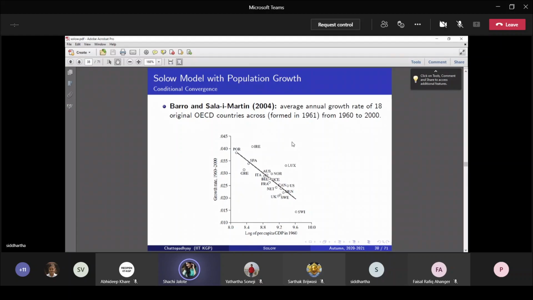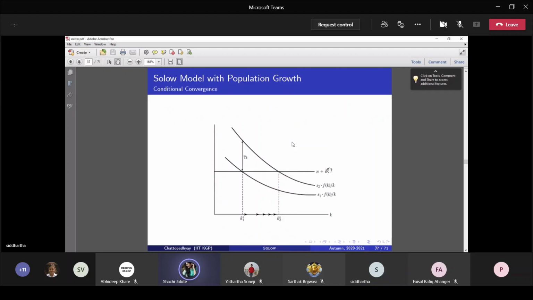Sir, I had a little confusion. What confusion do you have? Sir, it clearly shows the poorest country, which is Portugal, among this set of countries. This graph, not this one? This one? Yes, sir, this one. Yes, this we're going to discuss, obviously.